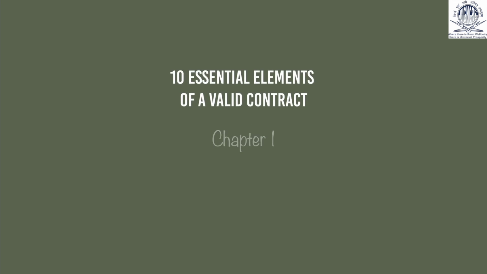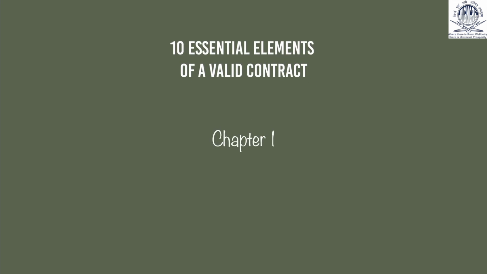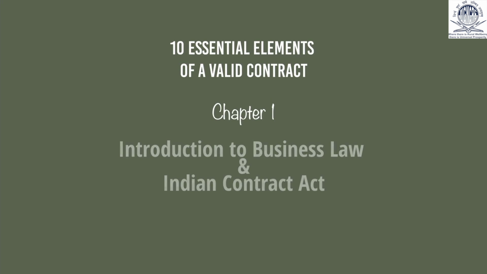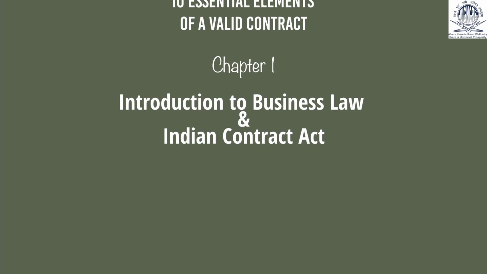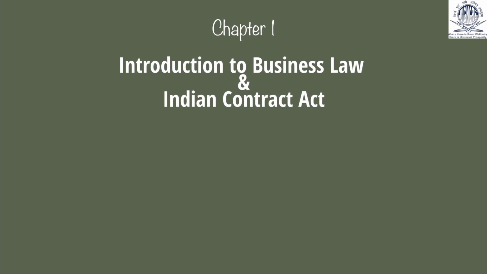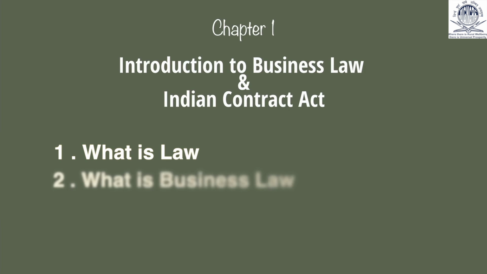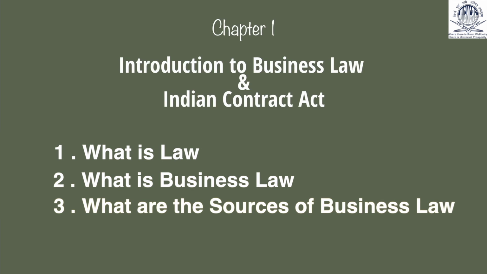So this is from chapter 1 of business law. Chapter 1 heading is Introduction to Business Law and Indian Contract Act. As already mentioned, this chapter is covered in 3 modules. The first module we covered as the video lesson 1, that is, what is law, what is business law, what are the sources of business law.